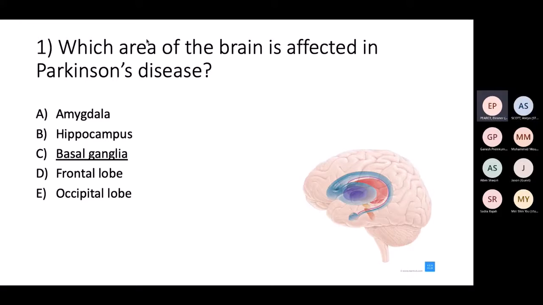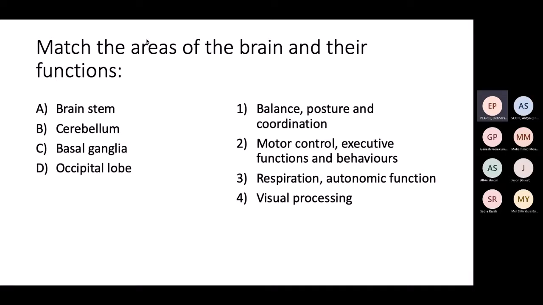So this is your basal ganglia and surrounding structures, and we're going to go over that in a bit more detail in a couple of minutes. And can anyone just pop in the chat matching the letters with the numbers here?